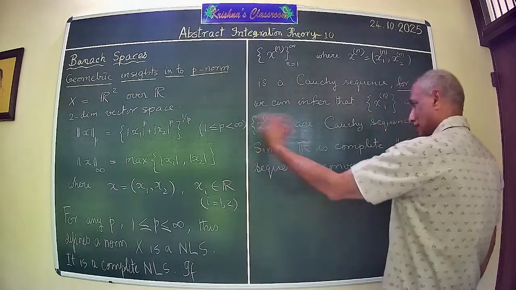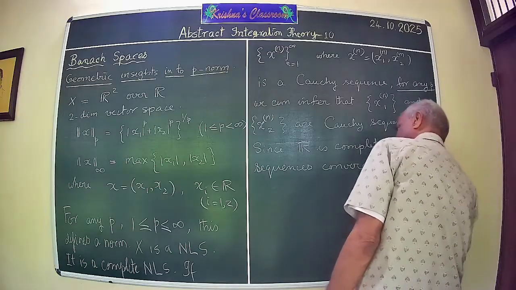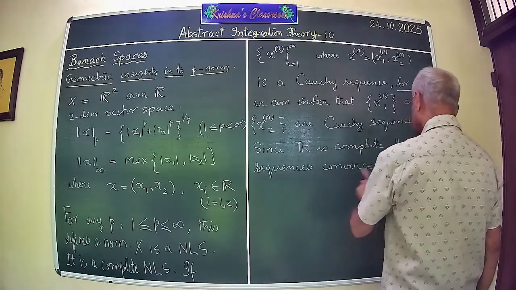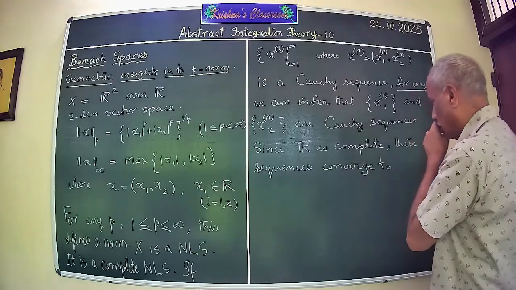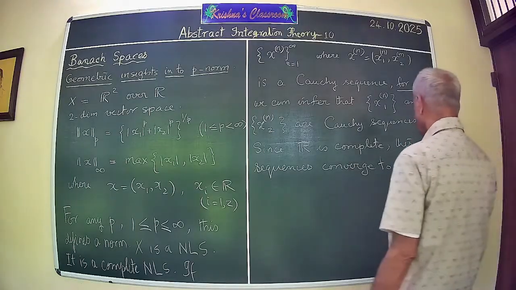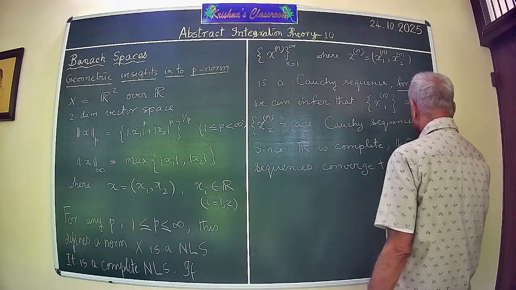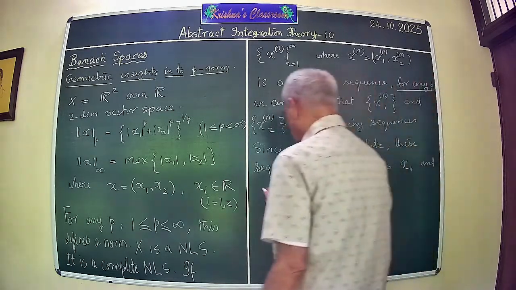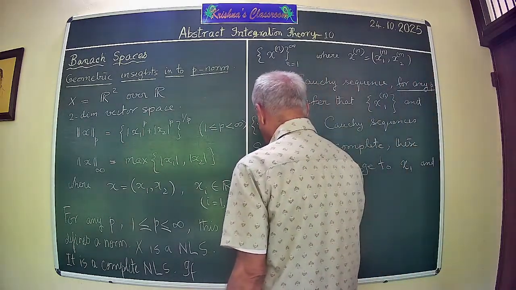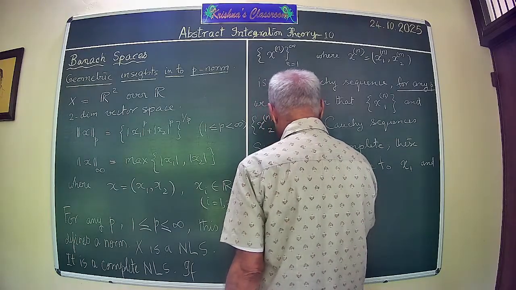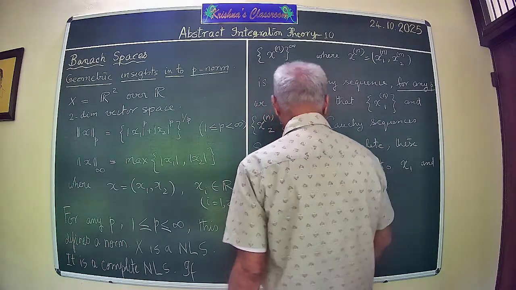Take that p and then find out what happens, what the sequences converge to, x1 and x2 respectively.